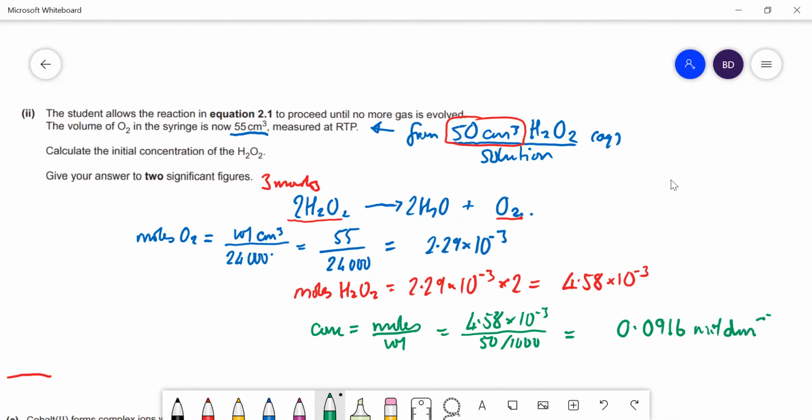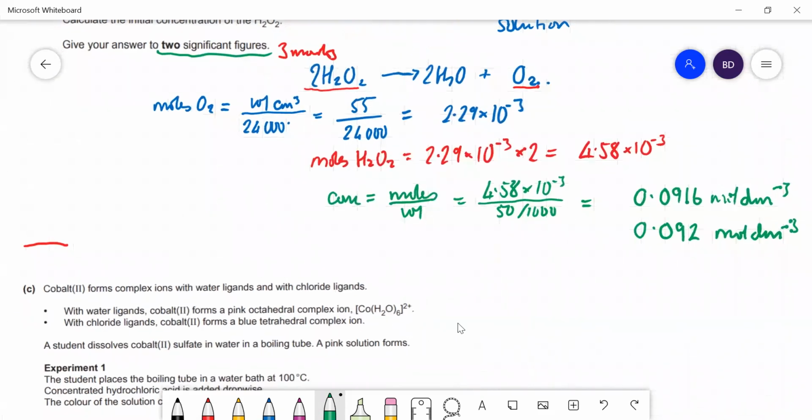It tells us to give our answer to 2 significant figures, so that's going to be 0.092. That is the concentration of our hydrogen peroxide solution.